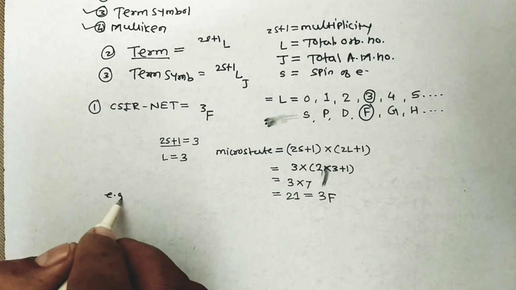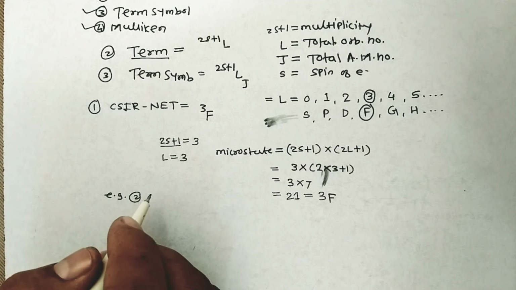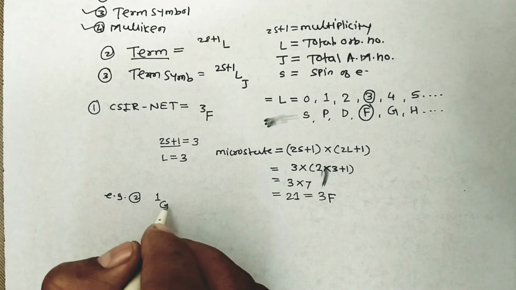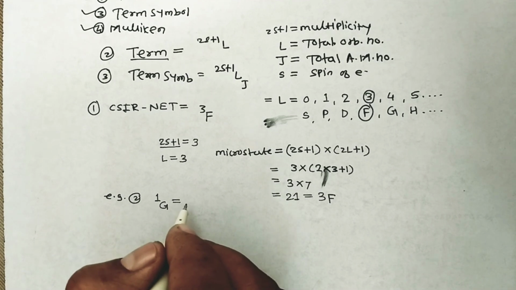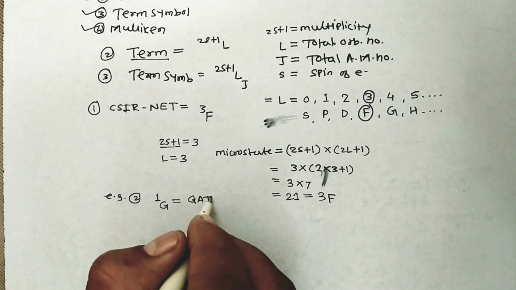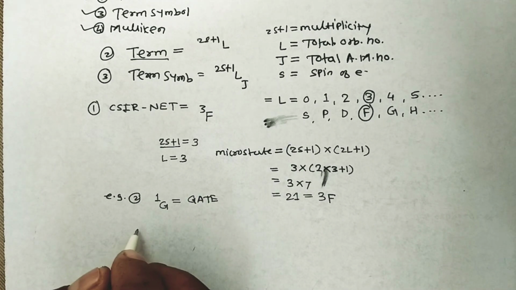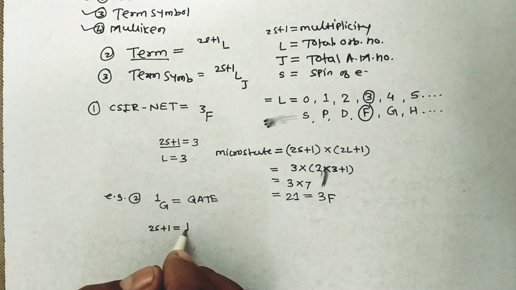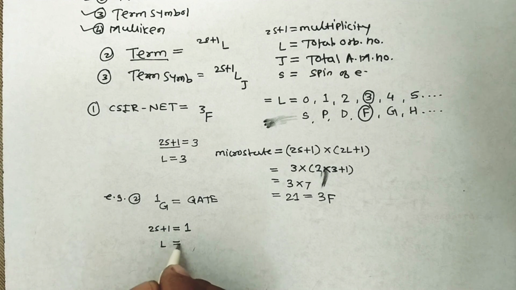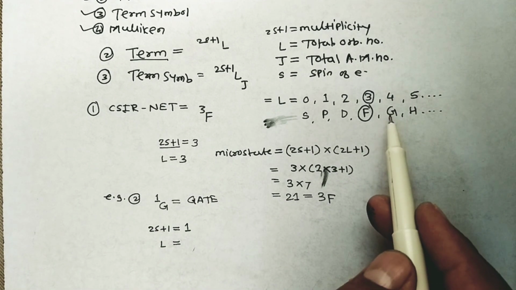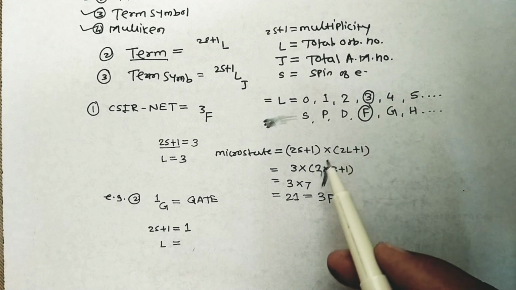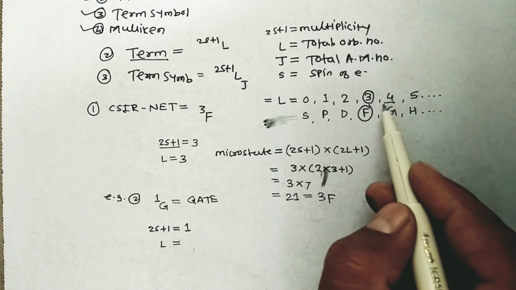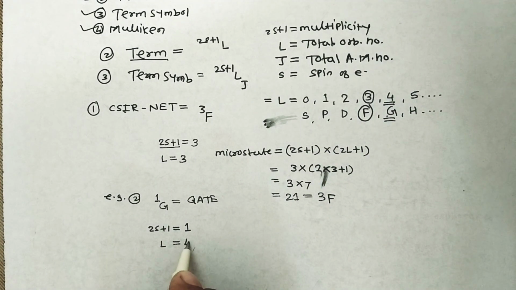Second example: calculate the number of microstates for 1G term. This question was asked in the GATE exam. For 1G term, the 2S plus 1 value is 1, and for the G term the value of L is 4.